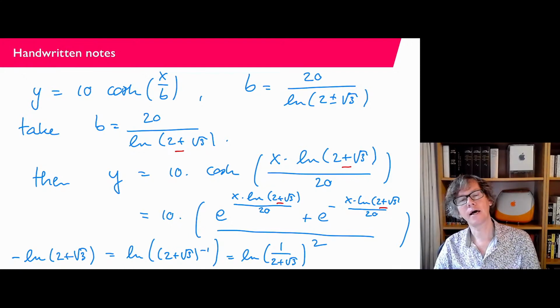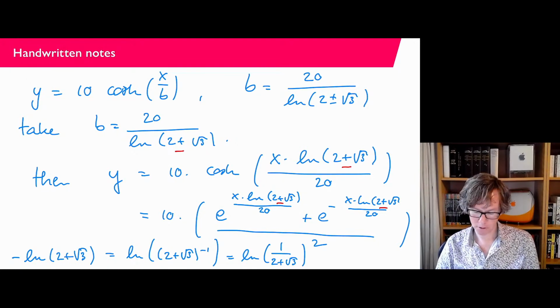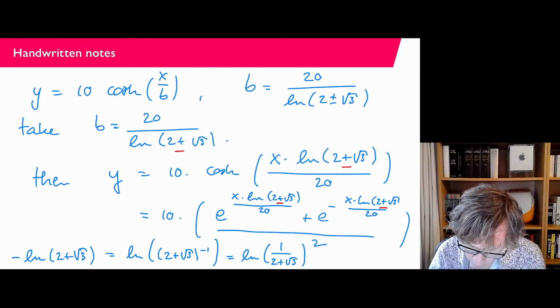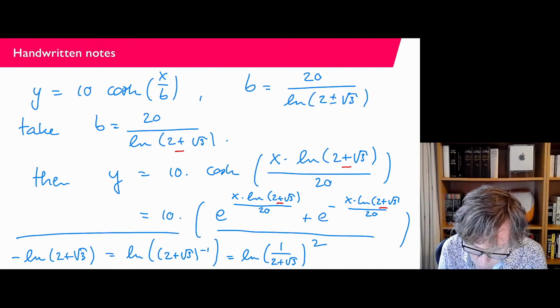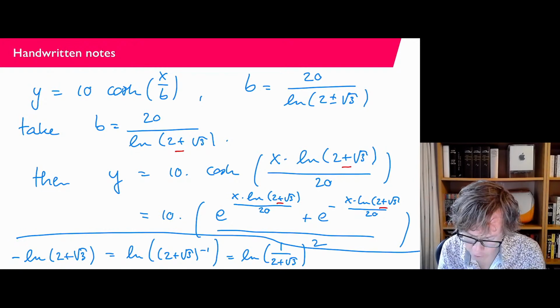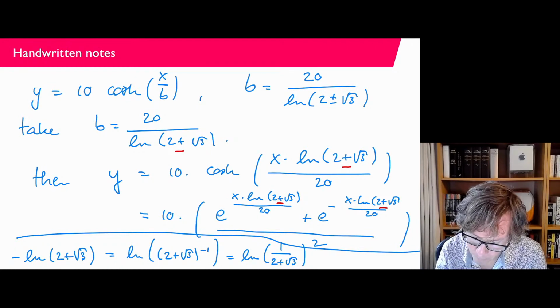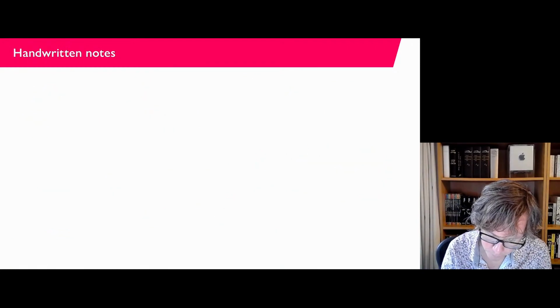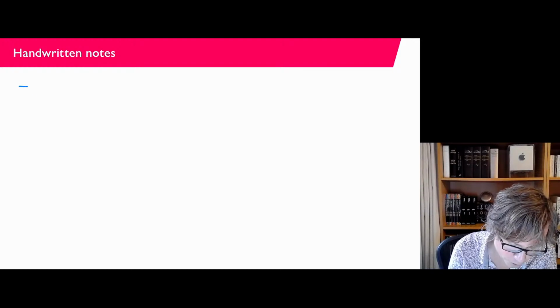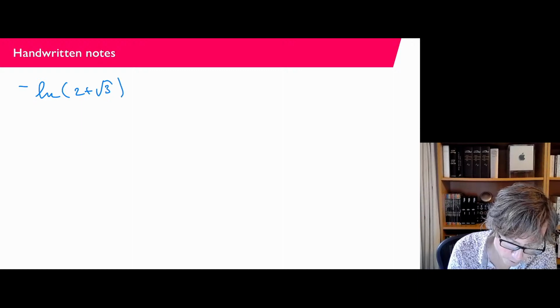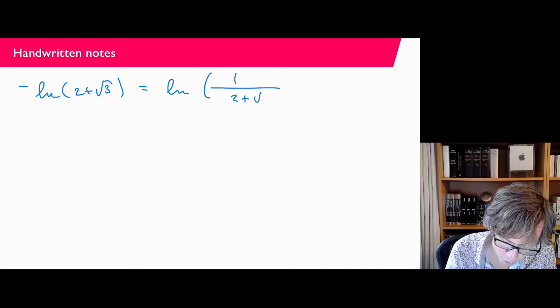And as you know, you can do a kind of trick to get the square root out of the denominator. Let me just do this on some more paper. So what we have found is that minus ln 2 plus square root of 3 is the ln of 1 over 2 plus square root of 3.